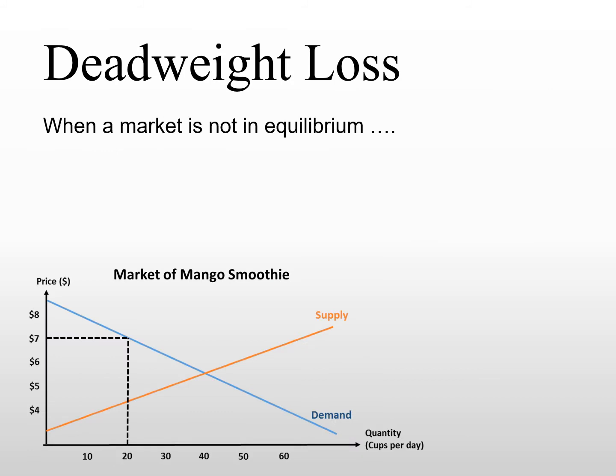But something that we have to keep in mind, even though we talked in chapter 3 about how markets usually move towards equilibrium because there is an invisible hand forcing the market toward that equilibrium, that is not always the case.